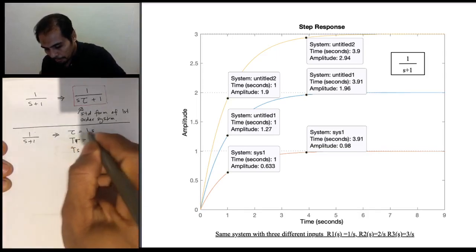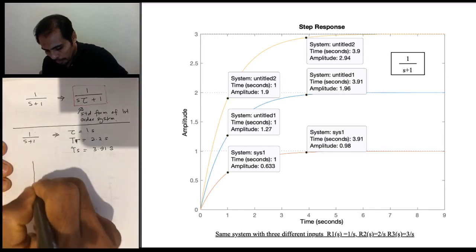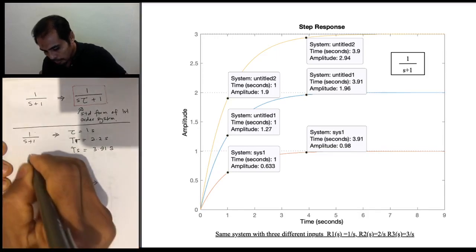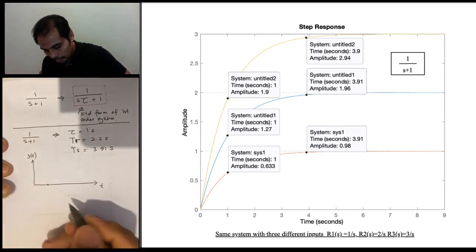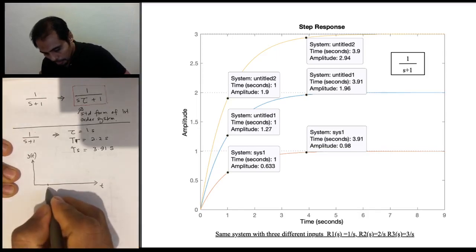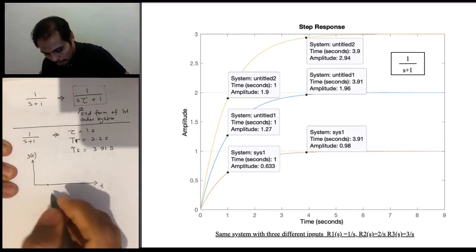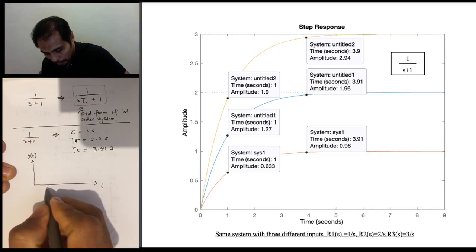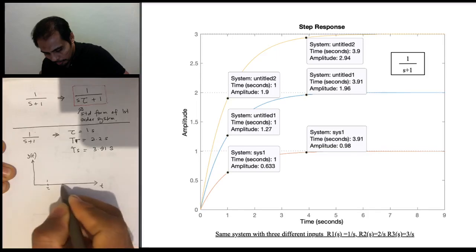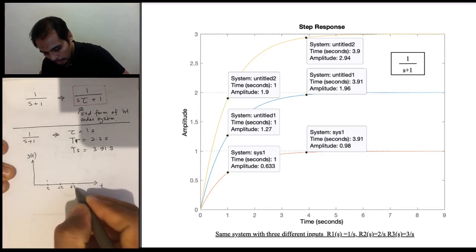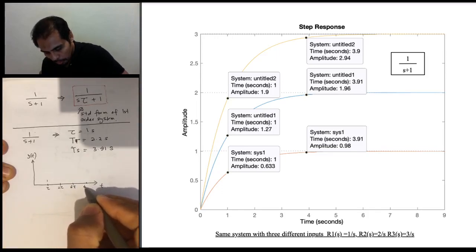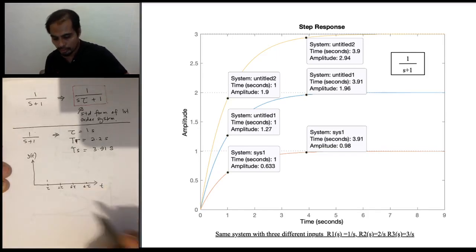Let's assume that this is our tau, which we consider 1, and this is 2 tau, 3 tau, and 4 tau. This is our response.